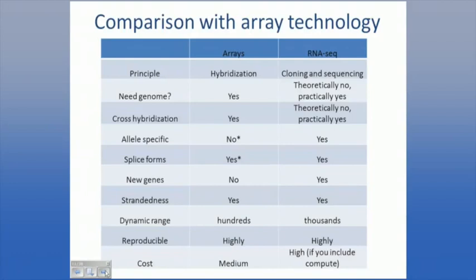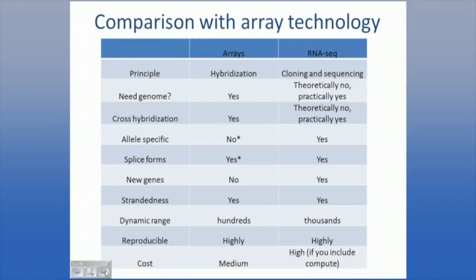And in fact, if it's a cDNA, you actually need the clones handy before you can actually make the array. With RNA sequencing, you don't practically need a genome to do it. And I'll show you an example later of de novo RNA sequencing. But if you're interested in really going in deep into a transcriptome and doing differential gene expression, it really does help to have a genome and an annotated genome at that.